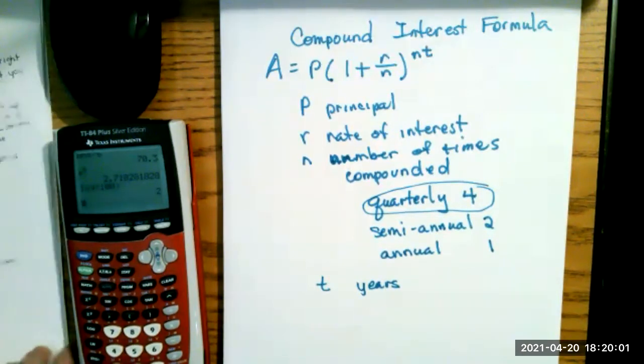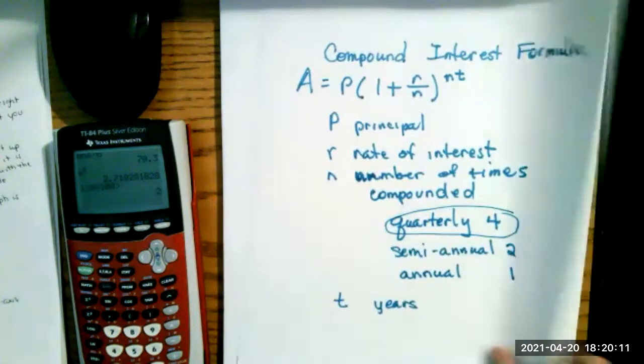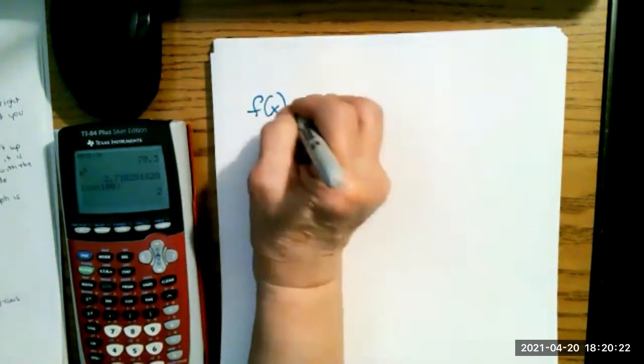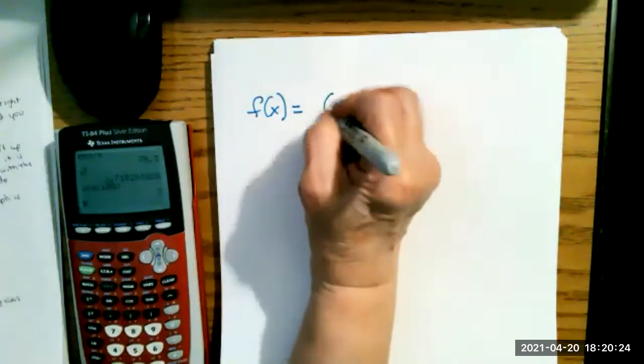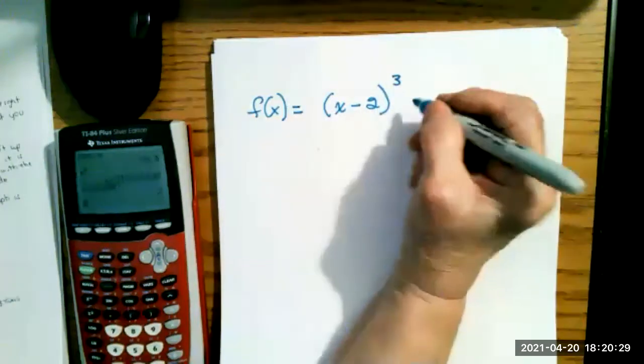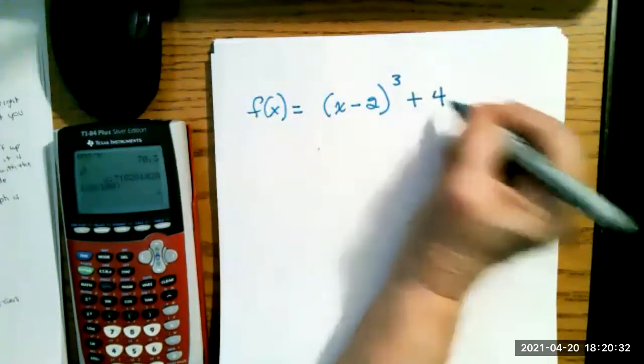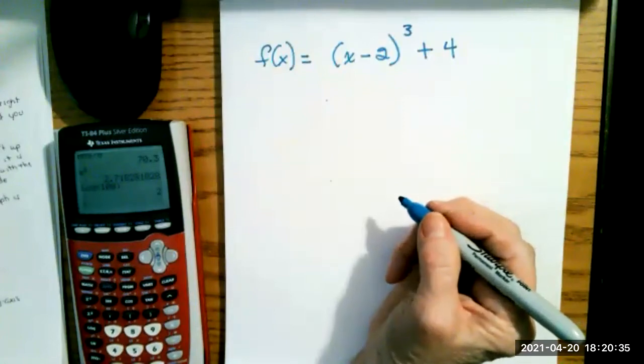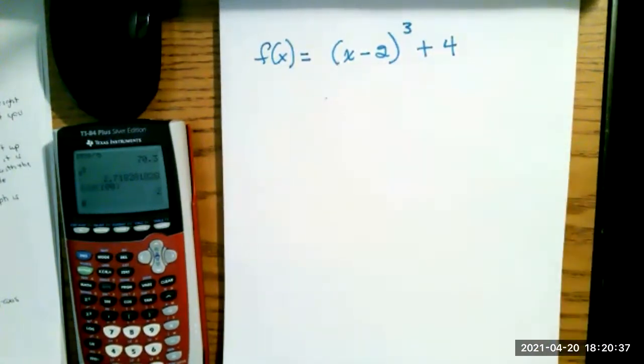In this section, we will be doing some shifts just like we did before. So I'm going to remind you of some of the old ones that we did. So if we had f of x equals (x minus 2) to the third plus 4. Do you remember this within the parentheses?